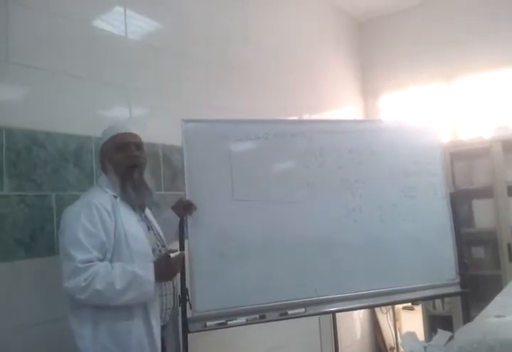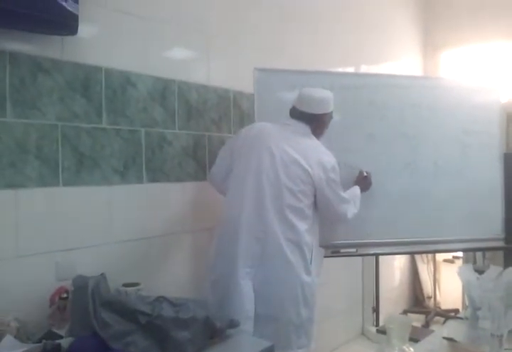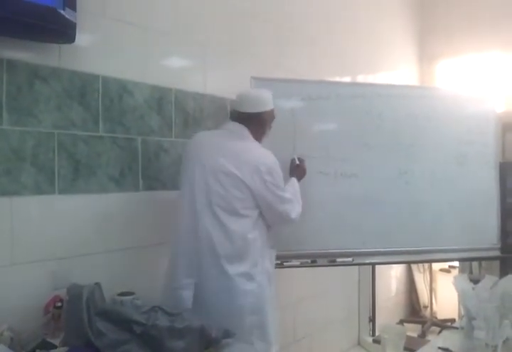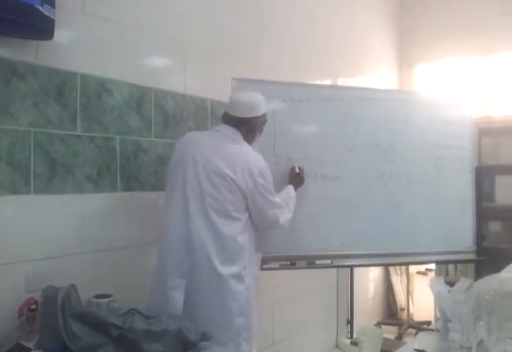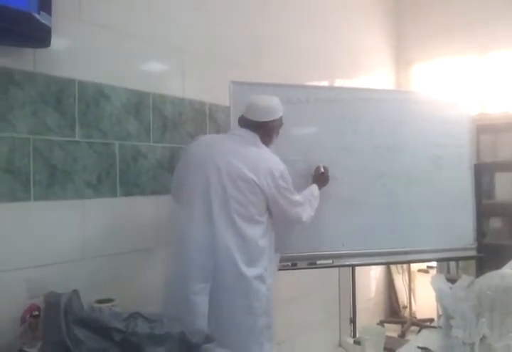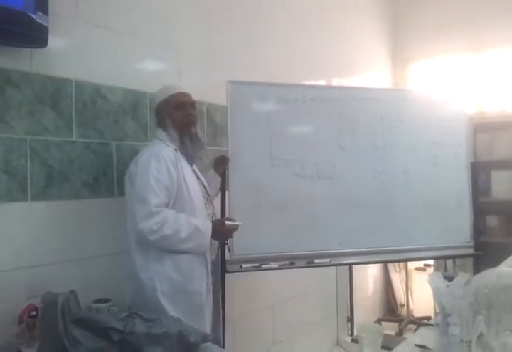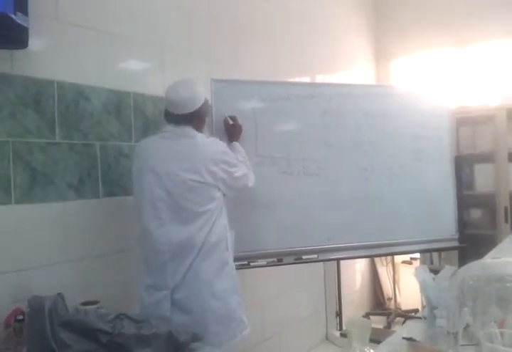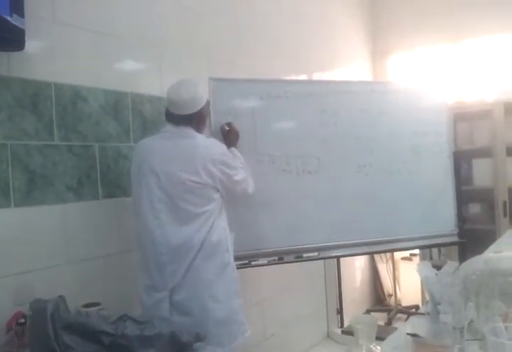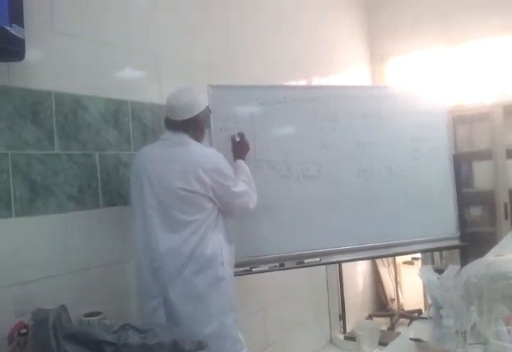In this graph, on the x-axis, you will take concentration of sodium hydroxide. What is the concentration? 0%, 1.5%, 3%, 6%, 12%. And on the y-axis, you have to take volume of sodium hydroxide used.